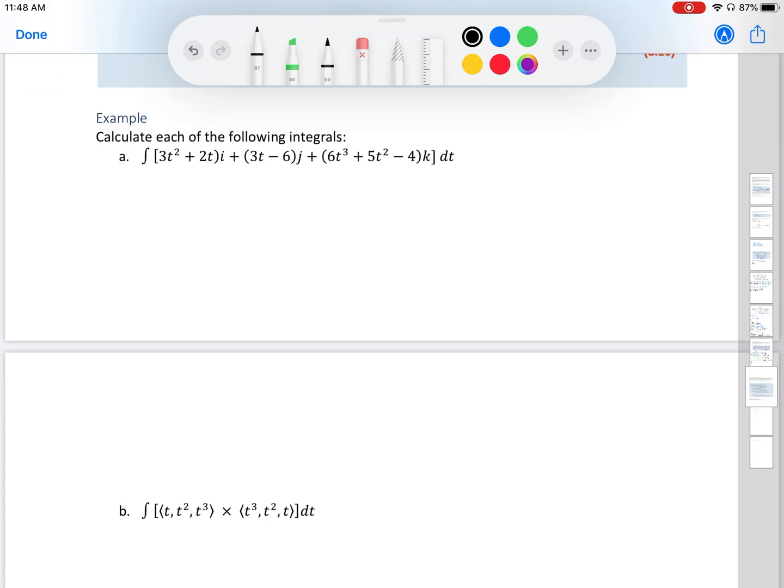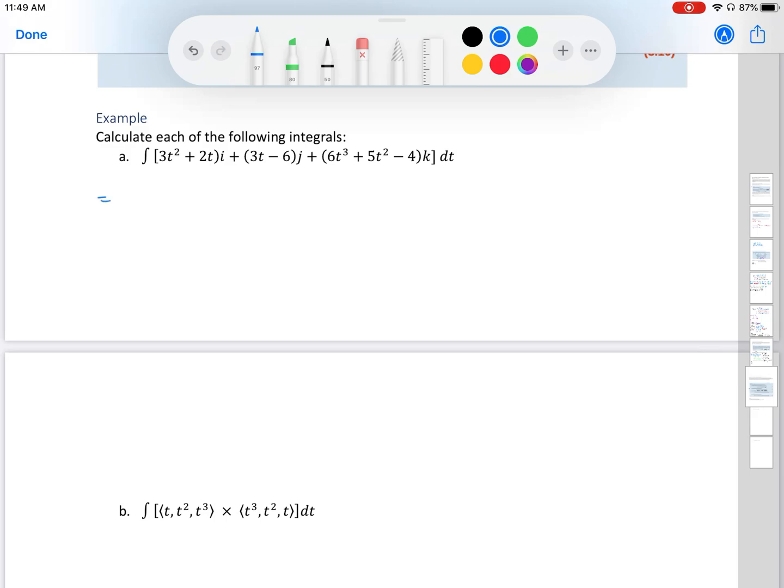Calculate each of the following integrals. So I'll set up the first one, and I'm very confident you can do the first one. According to our definition above, our integral for our vector valued function can be applied to each component of our vector valued function.